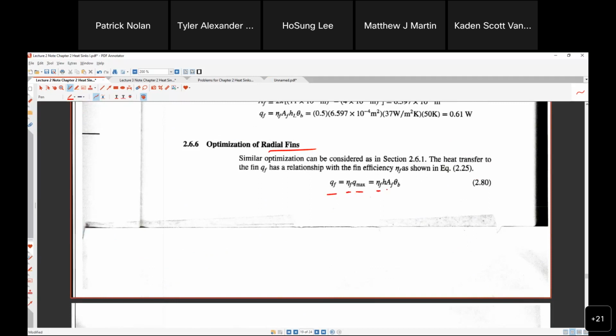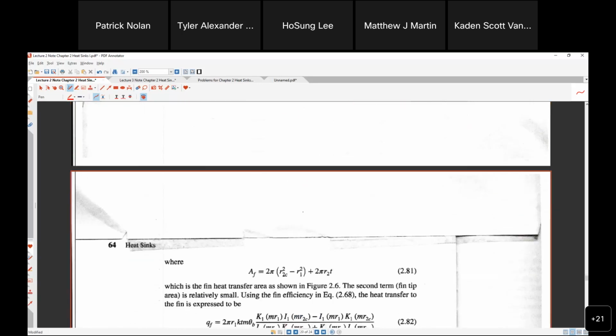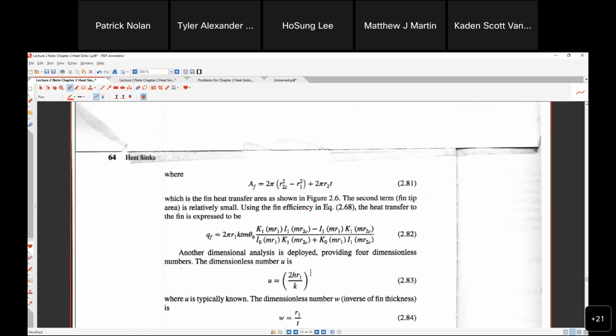So efficiency times Qmax, H times the fin area, AF, rather than AT, and theta B. Okay, what is AF? It is an area.